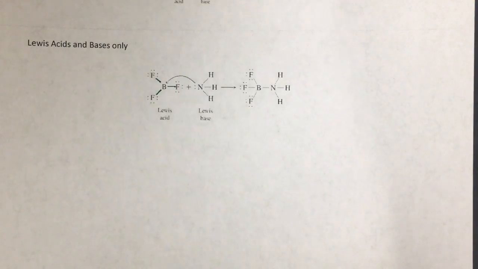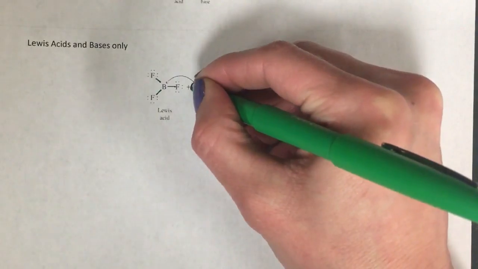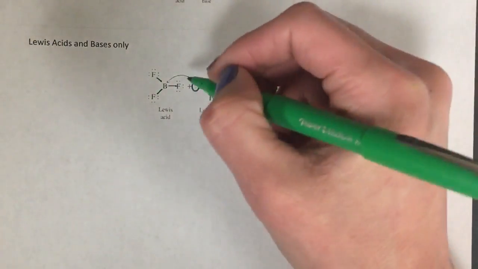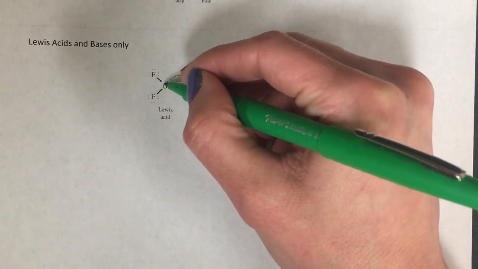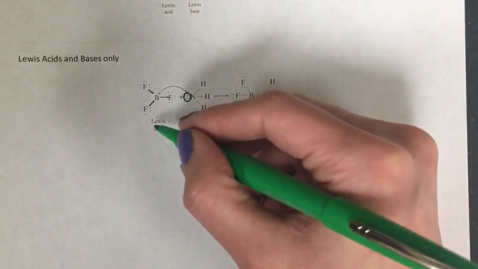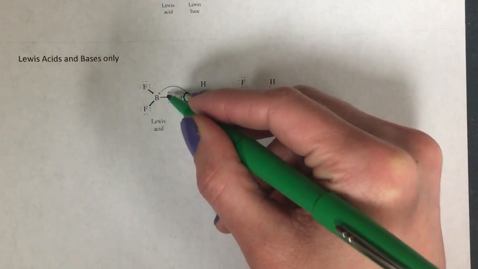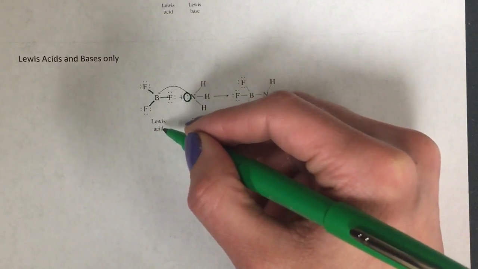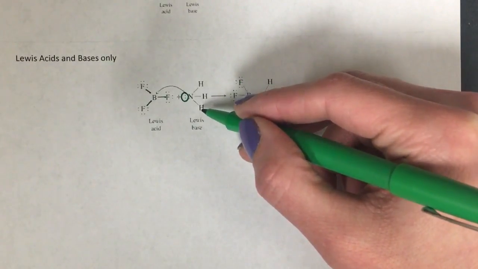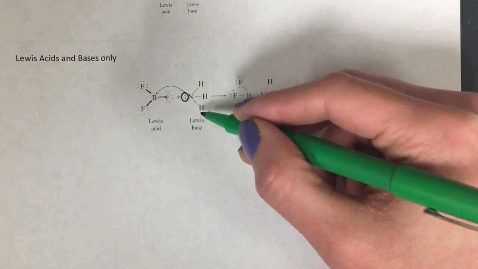But because it only has 6, if ammonia comes along, it can donate these spare electrons to boron. Okay? So in this case, this is acting as a Lewis acid because it is accepting electrons. This is acting as a Lewis base because it is donating electrons.